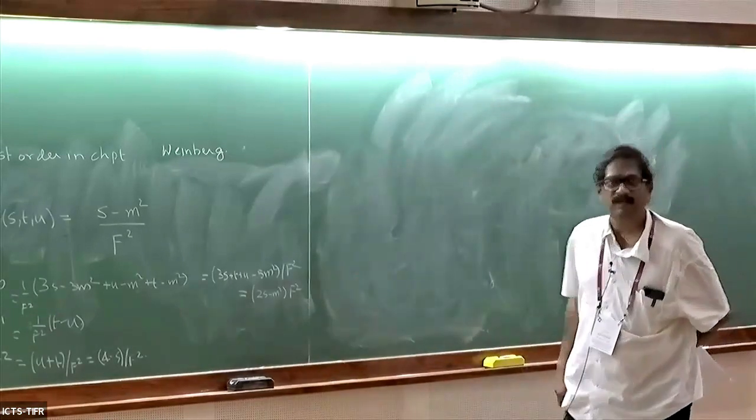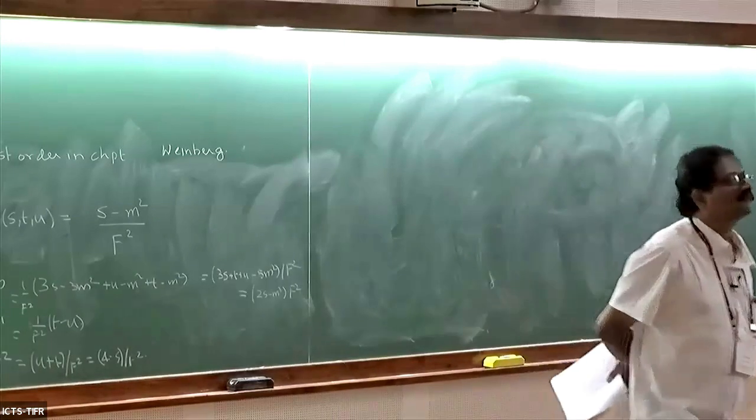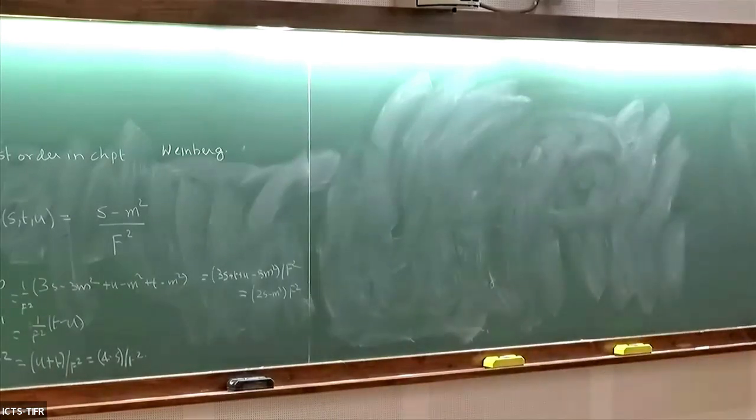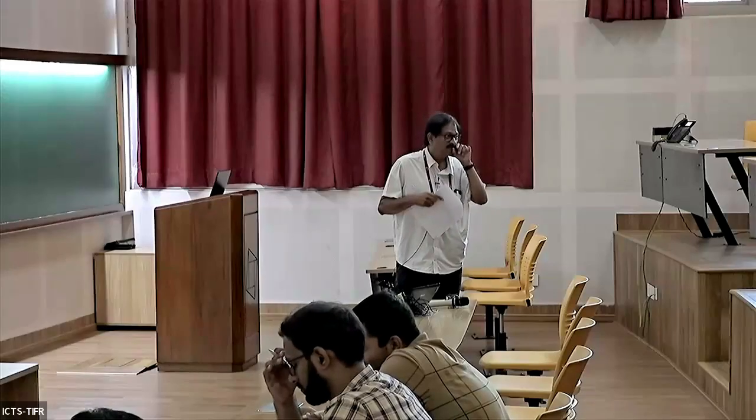Somebody has to remind me what is meant by a partial wave. A partial wave of any amplitude is an expansion in terms of Legendre polynomials. Polynomial in what?